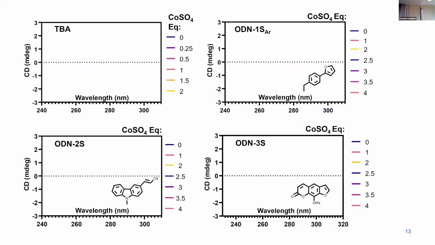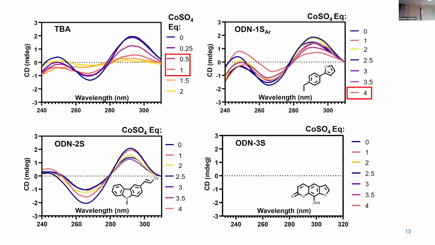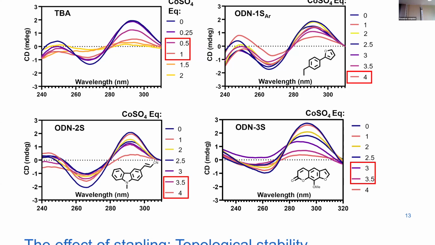Very interestingly, in the case of the PNA alone, after less than one equivalent, the system was completely gone. In the case of all the stapled structures, there was some sort of resistance towards the unfolding of our PNA. In the case of both furan and cyanovinyl carbazole, around 3.5 to 4 equivalents were not even enough to completely unfold the stapled structure.